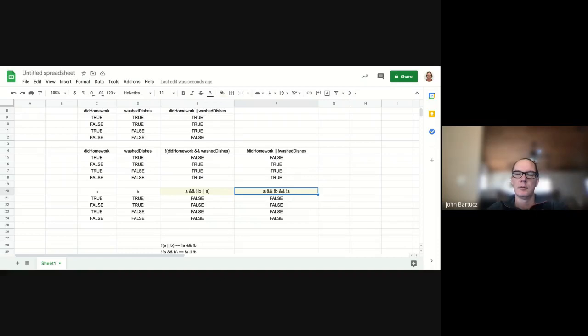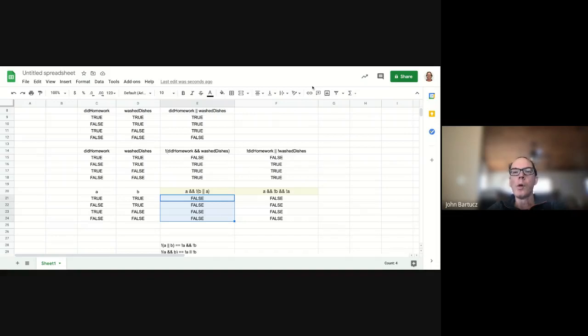You can't, because if A is true, then not A is false, and if A is false, then A is false. So it's going to be false no matter what, regardless of what B is. So this is a bit of a trick question.